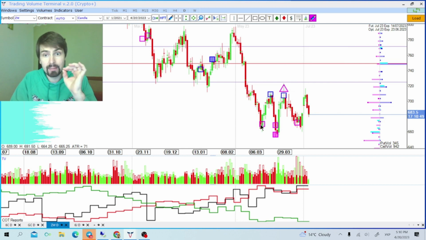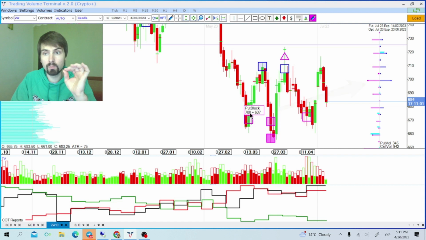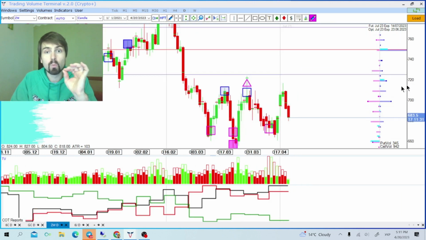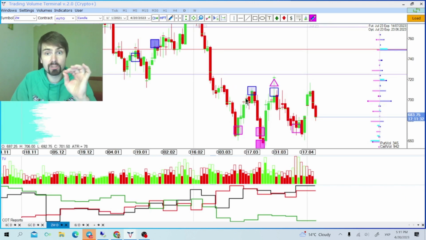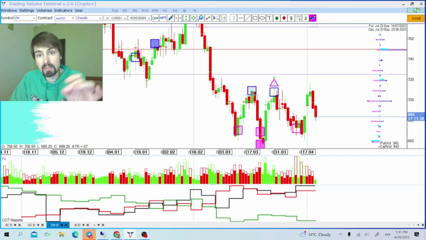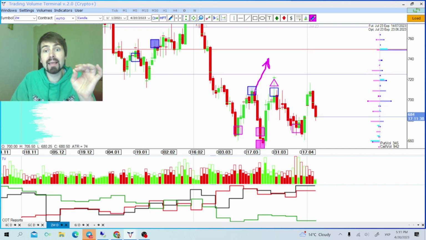For example, in this place, block trades were bought on the strike 700 in the amount of 637 contracts. It is significant for wheat. And from this place, the market went to the upside. Then, when the reversal happened, traders were sure that the price would go higher and they needed to hedge their positions.